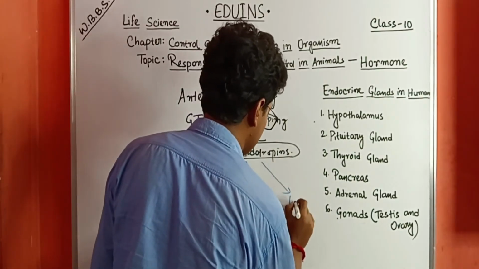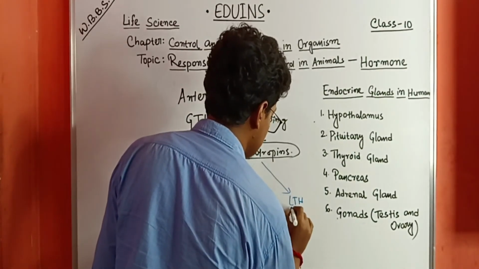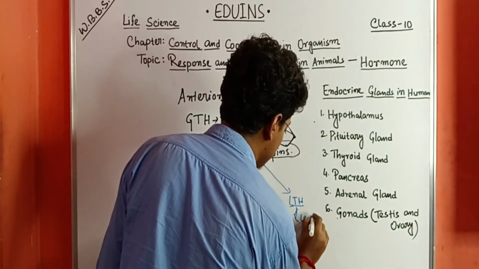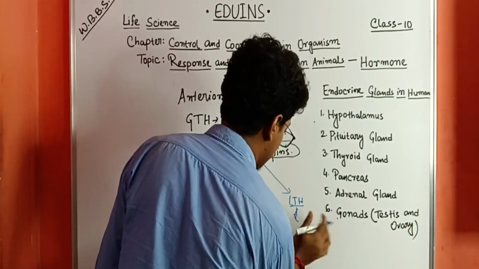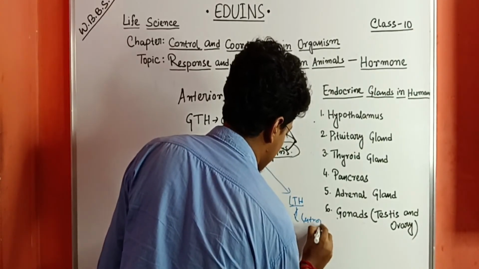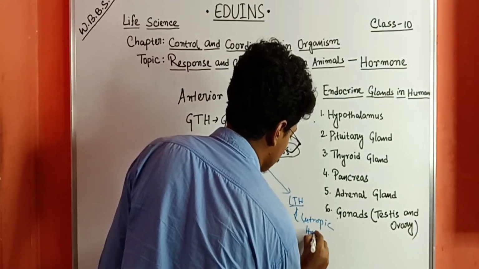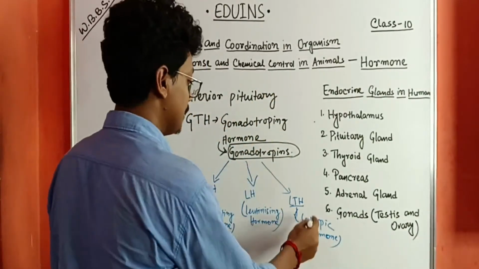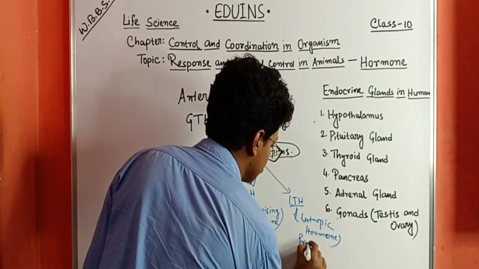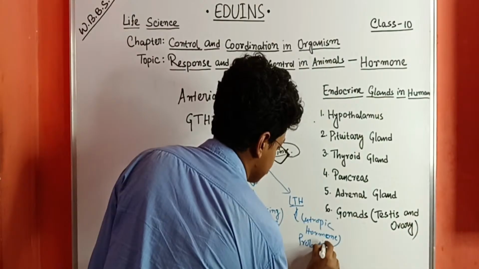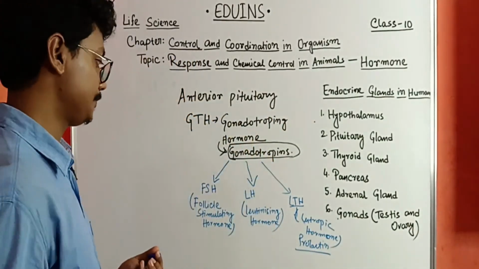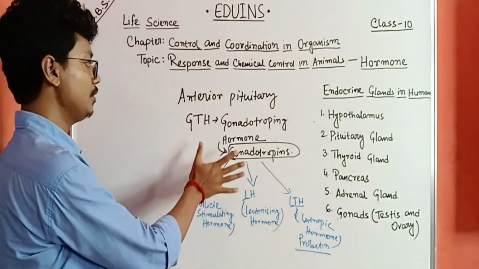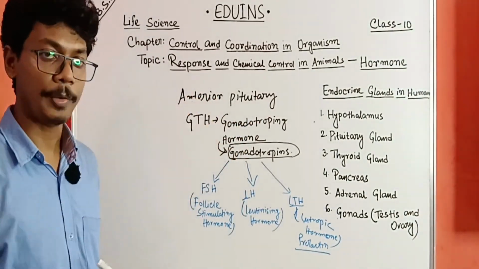Number 3 is the LTH, that is luteotropic hormone. Okay, this is also known as prolactin. So these are the 3 types of hormones under the gonadotropins.